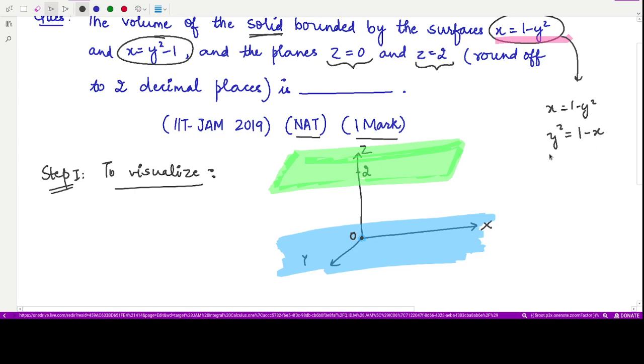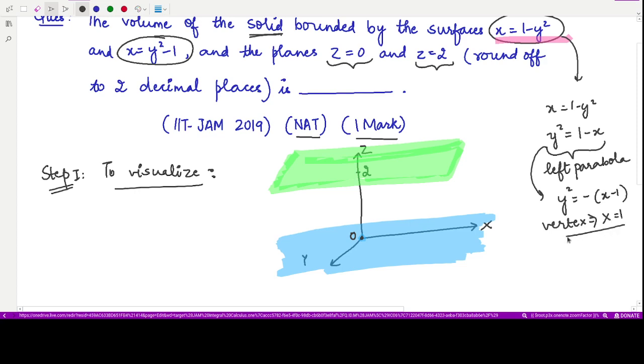Now if you see that in 2D without the z axis, it would be the left parabola, or you could also write this as y square is equal to minus (x minus 1), where we have the vertex at x is equal to 1. So this is a left parabola whose vertex is at the point x is equal to 1.